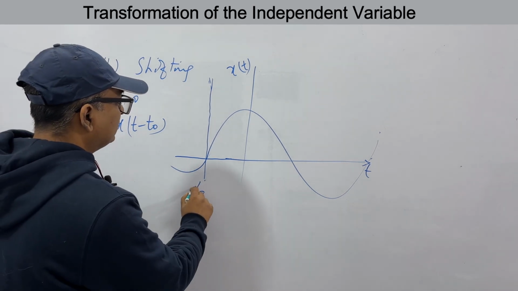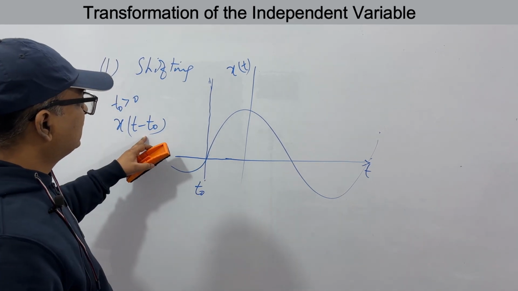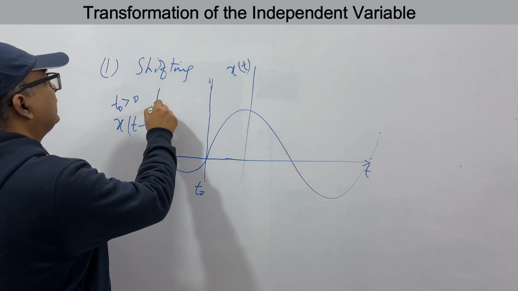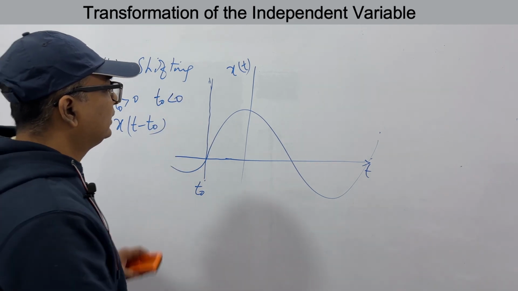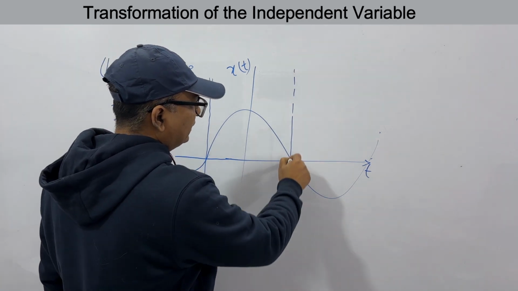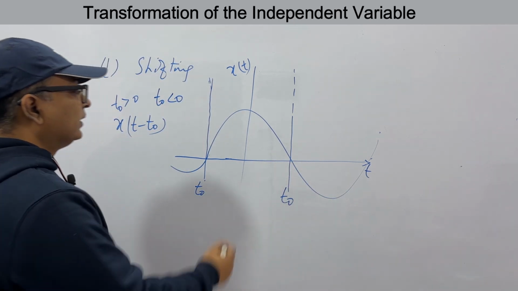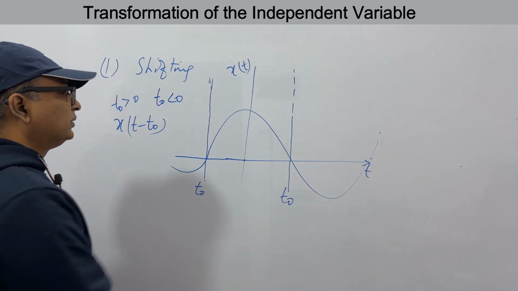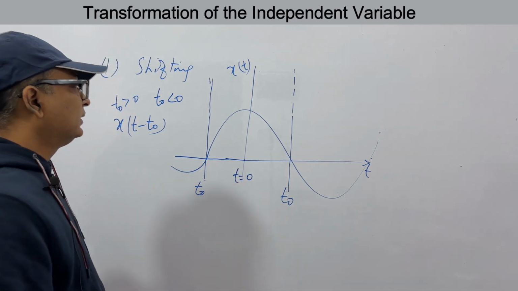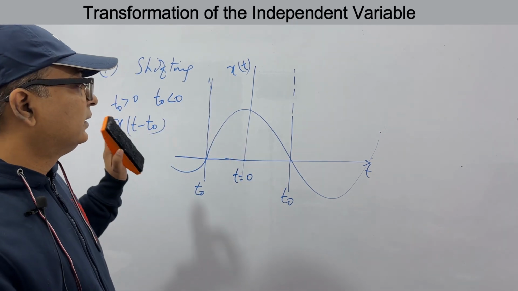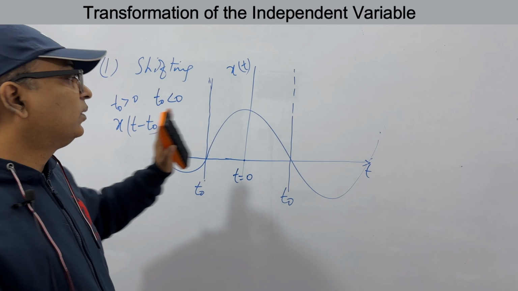This is t0, and this is t equal to 0. This is time shifting. Clear? That is, the signal shifts to this side or this side.